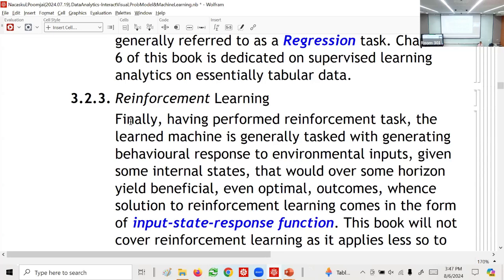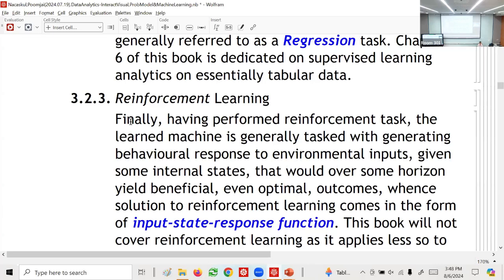When it comes to lunchtime, do you steal other kids' food? When it comes to playtime, do you steal other kids' toys, right? And over time, the good behavior gets reinforced. People like you, okay? If you're disrespectful to your teacher, show up late, steal your friend's toy, nobody likes you, right? That is called reinforcement learning. And those are the three human learning modalities that we apply to machines.